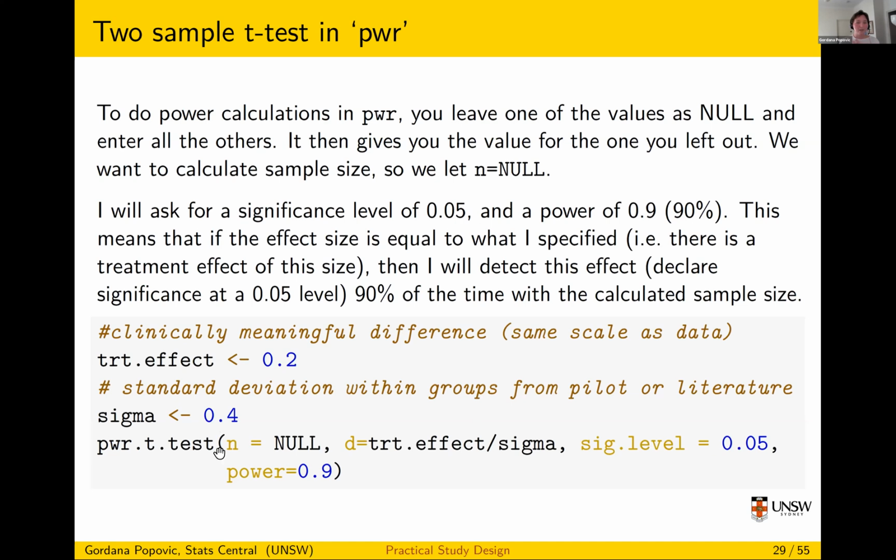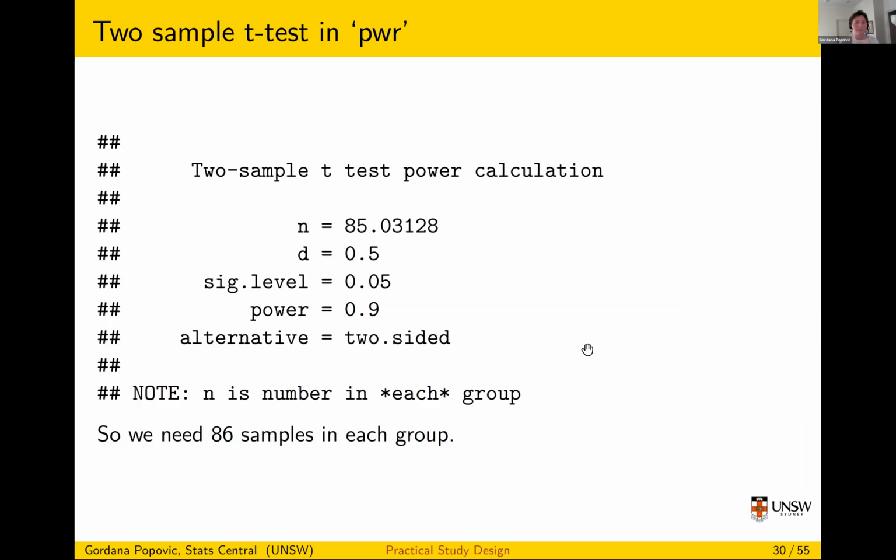And I'm going to leave n as null. I put in my effect size, sig level and power, leave n as null, and it will calculate the sample size for me. If I do this, I get this output. It says the sample size I need to have 90% power with a standardized effect size of 0.5 is 85 and a bit in each group.